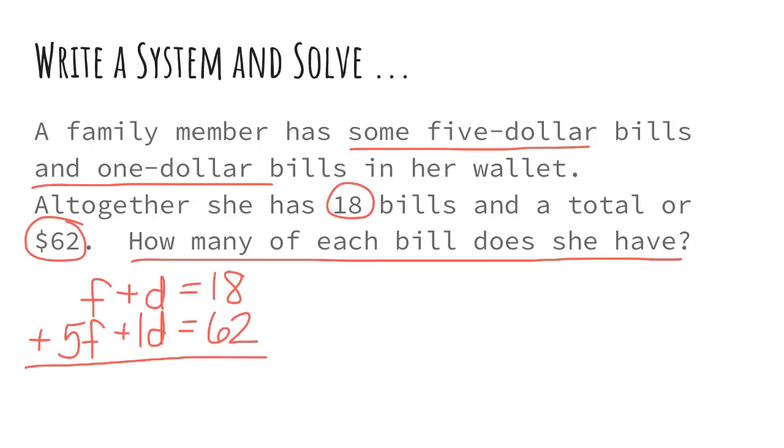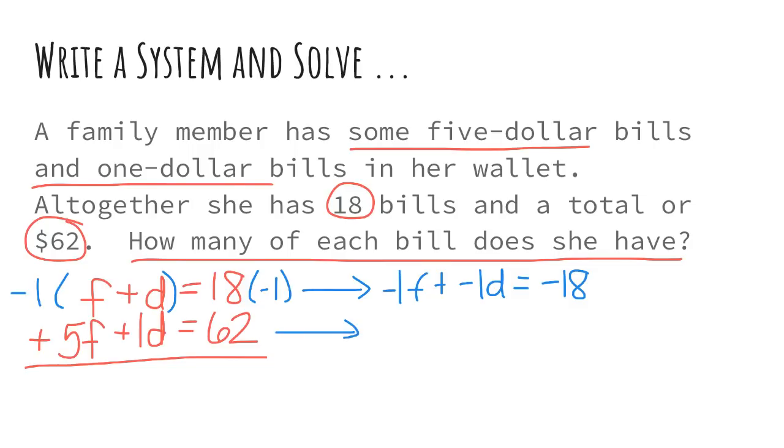All right, well, what I'm going to choose to do is multiply this by -1 and this by -1. And what's going to happen when I do that? I get a -1f and a -1d and a -18.